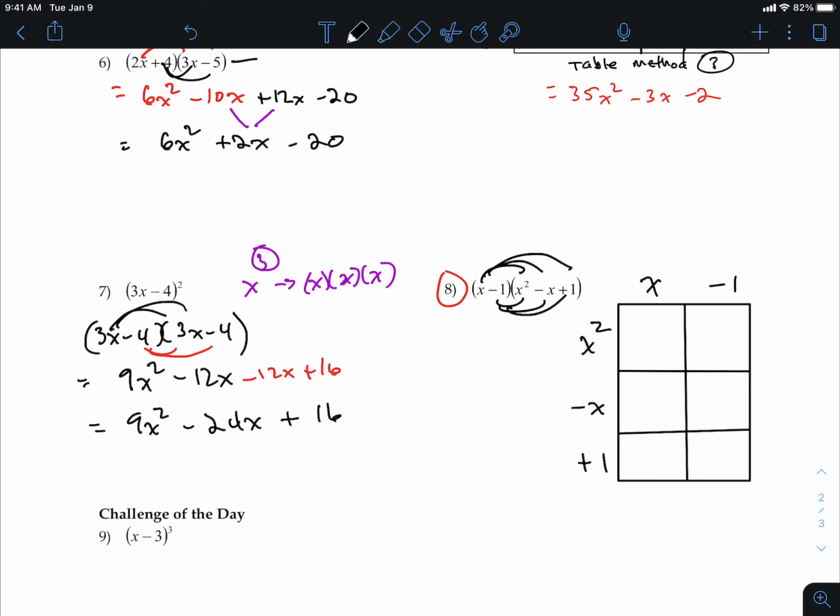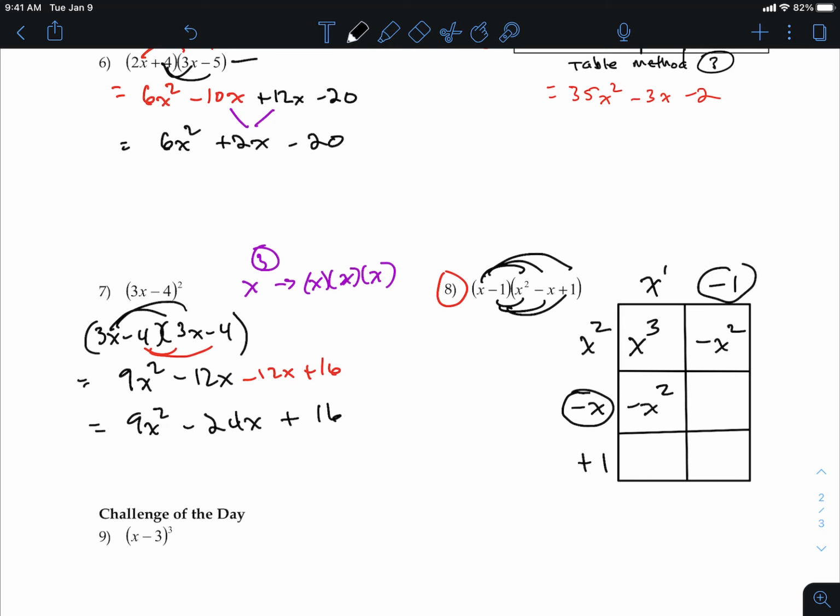X times x, you've got an exponent of 1 there, so that's going to go to x cubed. X times negative 1 is negative x squared. Negative x squared. Now careful with this one.